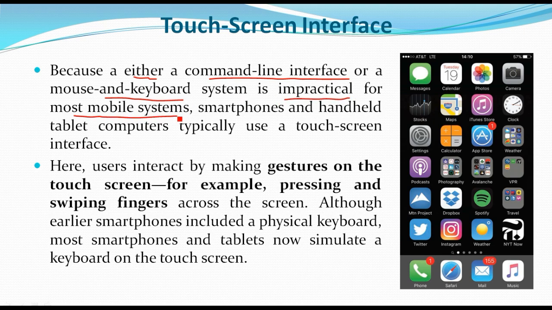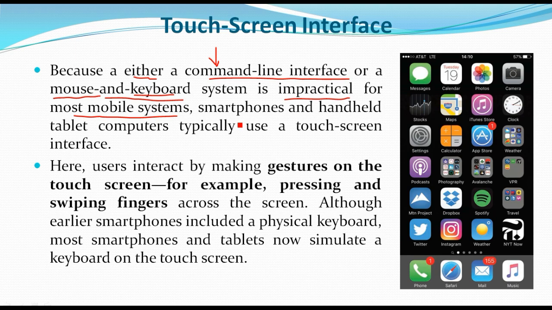So we can't issue command line kind of commands, or use a mouse or keyboard to enter values in mobile systems. We use a keyboard, but an on-screen keyboard. We won't have a mouse, our fingertip becomes the mouse here. We can scroll up, scroll down, and move icons, images, etc. with the help of our fingertip.